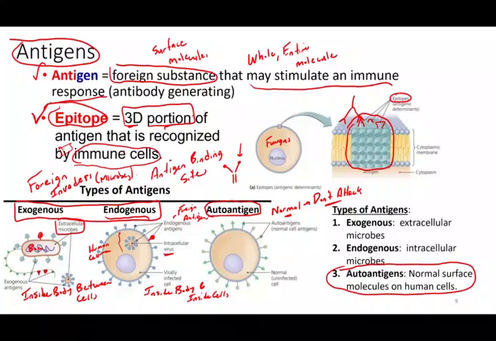Those foreign antigens, whether they're exogenous or endogenous, may trigger an immune response and will then therefore be targeted for destruction. So this is normal, and these are foreign. And so to define what is foreign, we need to have a normal set of antigens. And so that's indeed what autoantigens are.